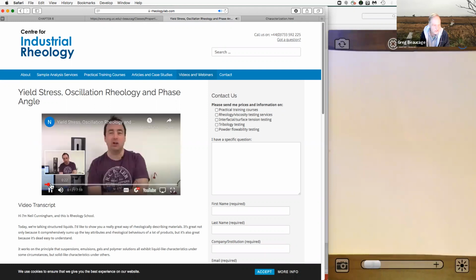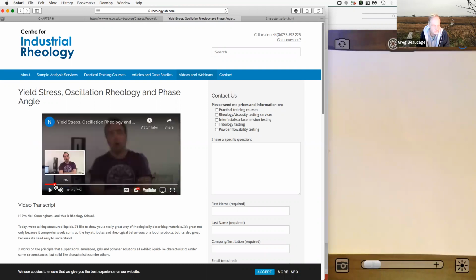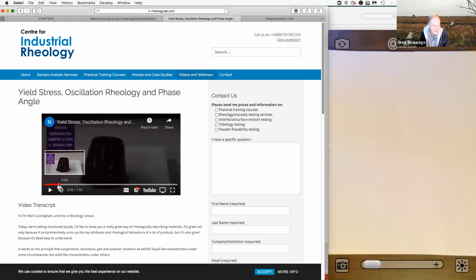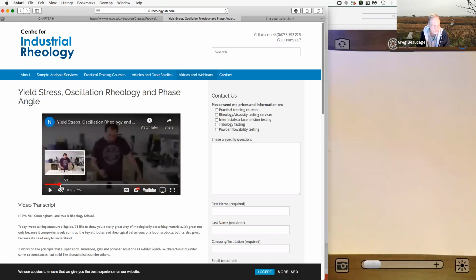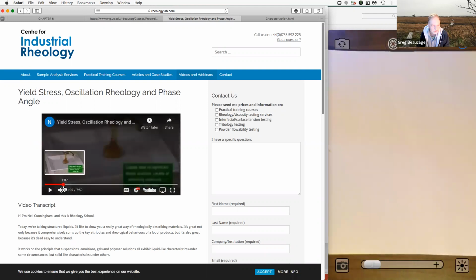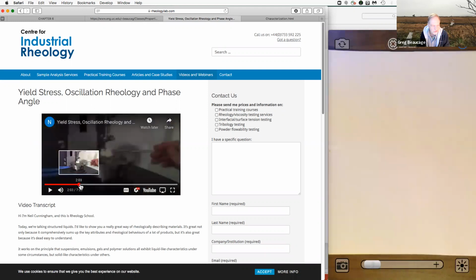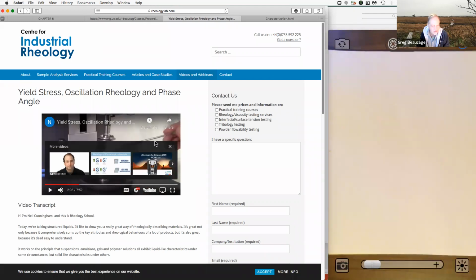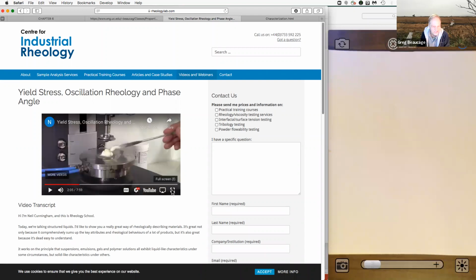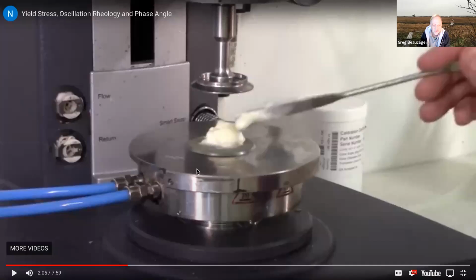He's going through yield stress materials in this video, but I wanted to show the machine. So this is a rheometer here. He's putting mayonnaise into it. So basically it's an oscillatory rheometer.